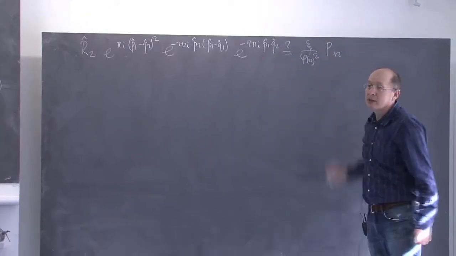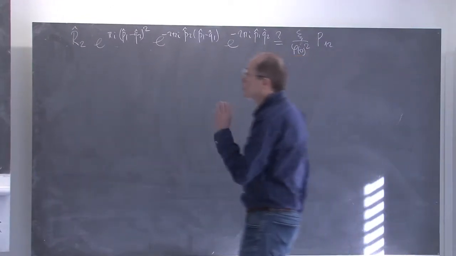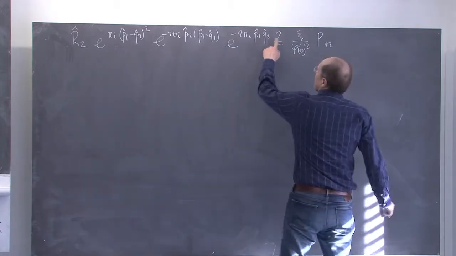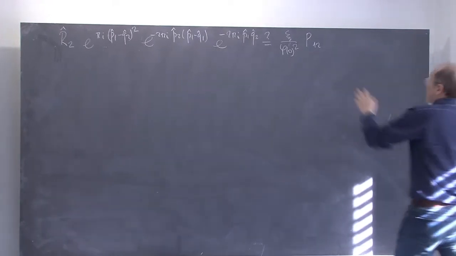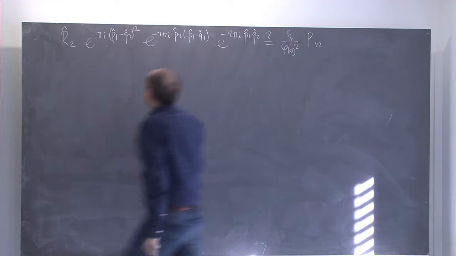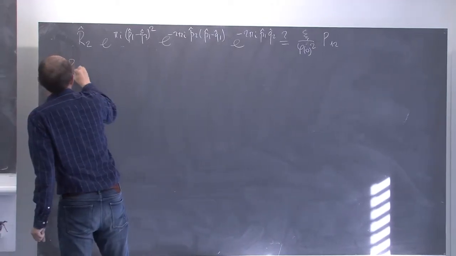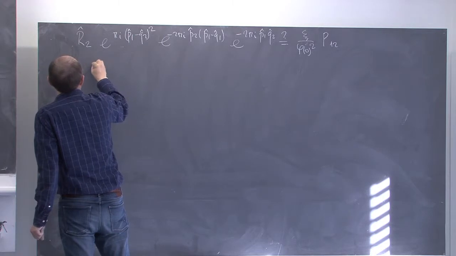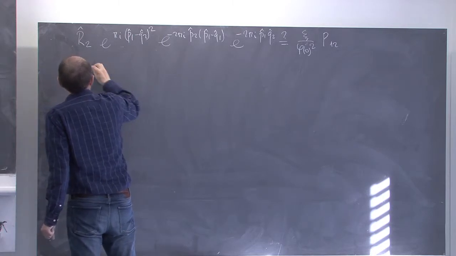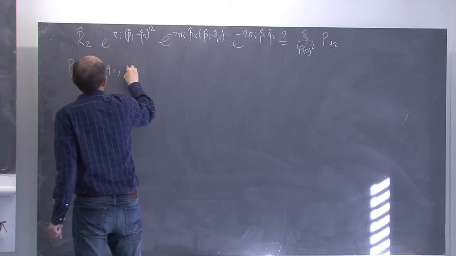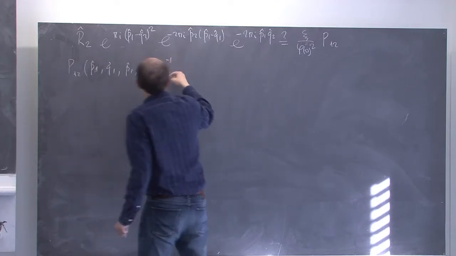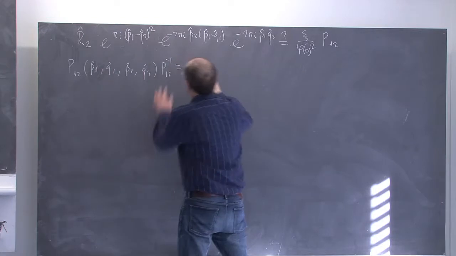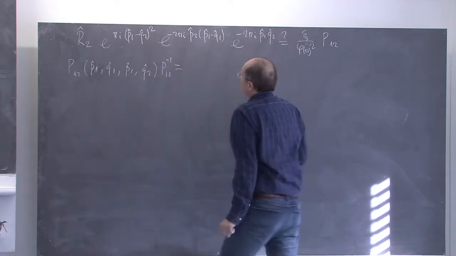And now we are going to check this because psi is not specified. To prove this theorem, it suffices to show that this left-hand side conjugates the Heisenberg operators the same way as the right-hand side. Of course, we have a property that P12 conjugates P1, Q1, P2, Q2 (with P12 minus 1, but it squares to 1 anyway, so let me put it explicitly to see that we have a conjugation).